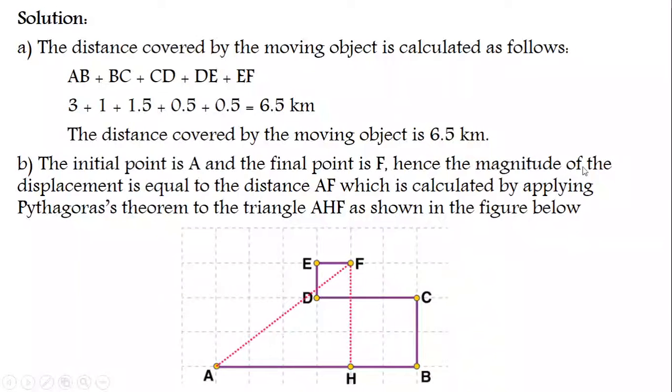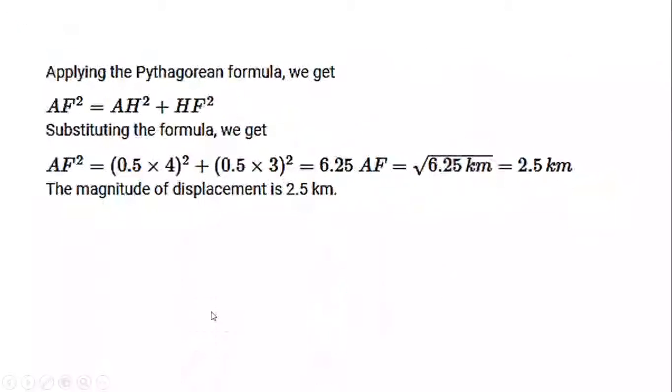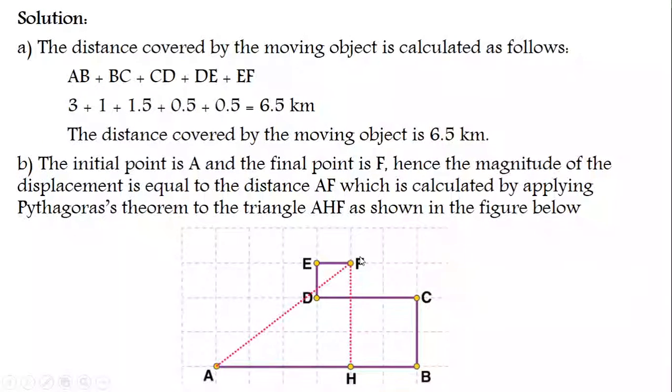Hence the magnitude of the displacement is equal to the distance AF, which is calculated by applying the Pythagoras theorem to the triangle AFH. Using the Pythagoras formula, AF squared equals FH squared plus AH squared.